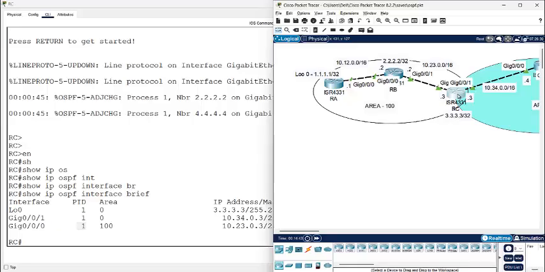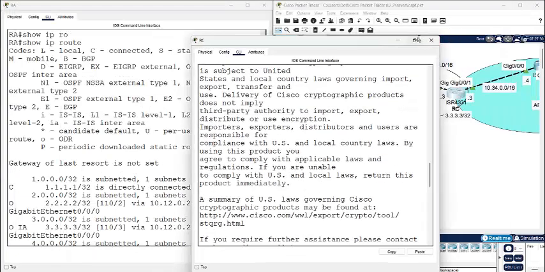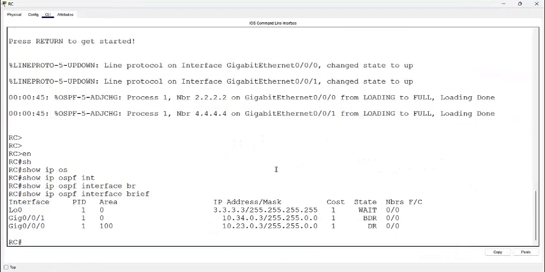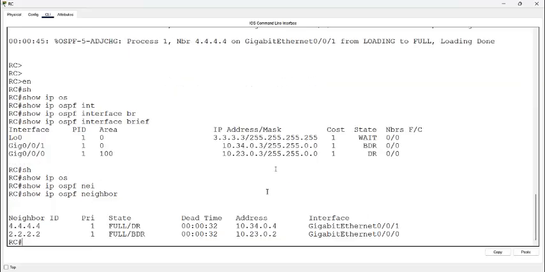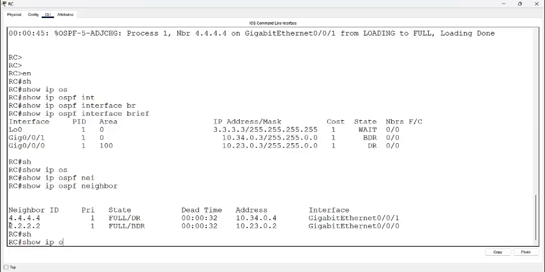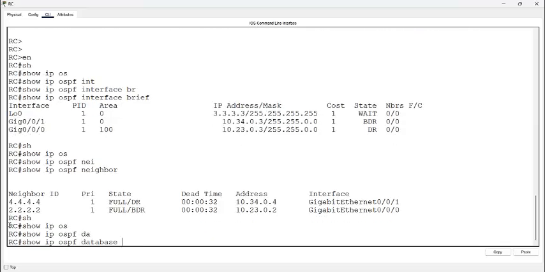What are the other verification commands? So, you know 2 commands now. Show IP route OSPF command. Another one is show IP OSPF interface brief. What are the other commands? Show IP OSPF neighbor. It shows the neighbor. There are 2 neighbors, one on the left, 2222, another one on the right, 4444. And then show IP OSPF database. This is another command.